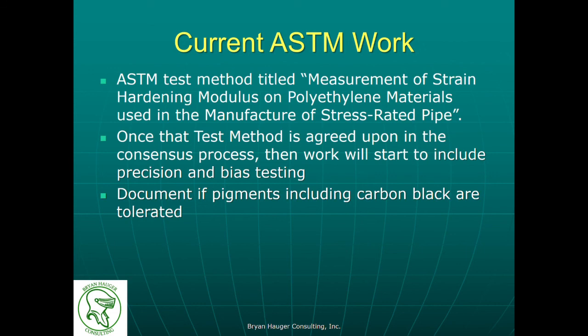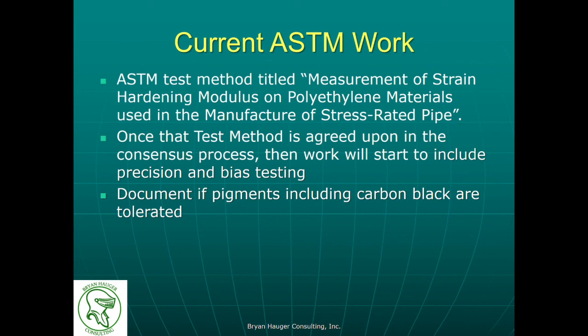Therefore, I have taken action and initiated a project to create an ASTM test method titled Measurement of Strain Hardening Modulus on Polyethylene Materials Used in the Manufacture of Stress-Rated Pipe. It is hoped that this effort will provide ASTM participants access to a test method which meets the needs of industry. At the point that the test method reaches finalization, it is anticipated that a round-robin study will again be conducted on the strict scope of the ASTM Strain Hardening Modulus test method.